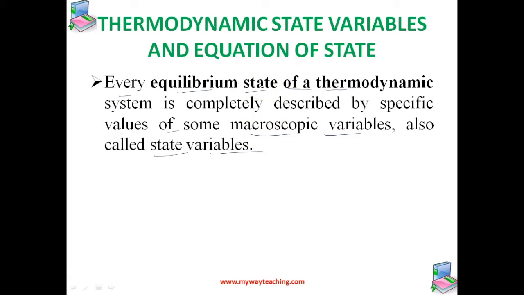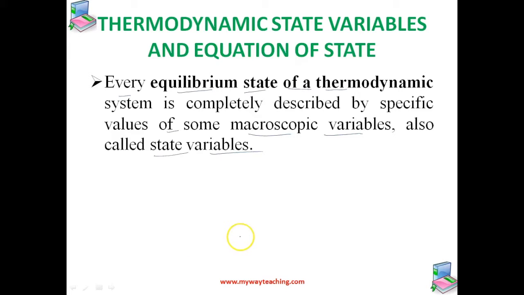So whatever equilibrium state of a thermodynamic system you take, that state can be completely described by the values of these macroscopic variables. For example, an equilibrium state of a gas is completely specified by the values of pressure, volume, temperature and mass, isn't it? That is a better example.